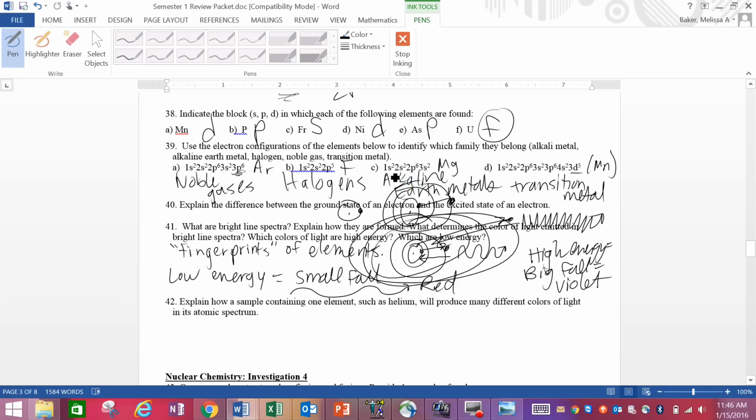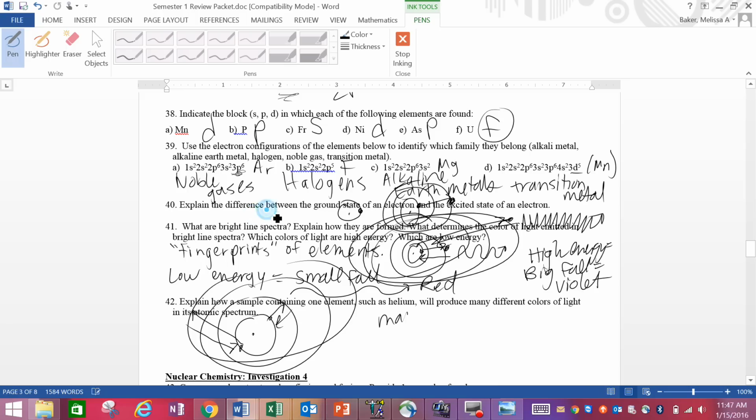Explain how a sample containing one element like helium can produce many different colors of light. Well, when you've got helium, it's got 2 electrons, and those electrons can end up jumping to different energy levels and falling back down. So when you've got lots of atoms of helium and lots of electrons are jumping to different levels, you're going to give off different colors of light.